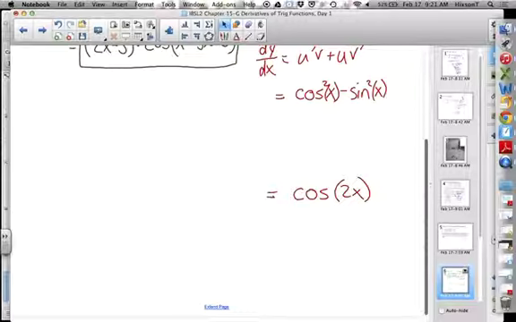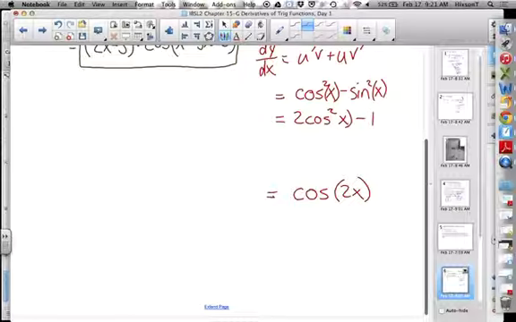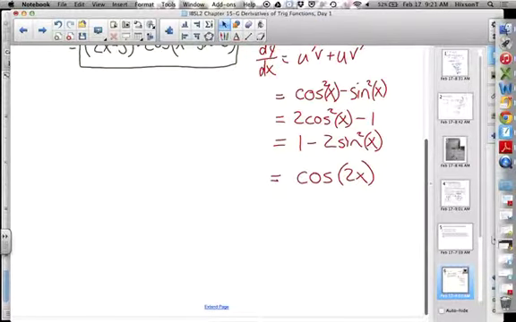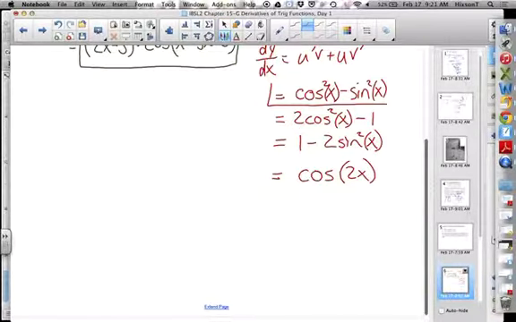You actually could have had a couple of different possibilities. It would have been 2 cosine squared x minus 1, or 1 minus 2 sine squared x. And if you remember, all three of these were the variations of the double angle formula for cosine. Okay? However, if you stopped right here, I would be satisfied with that.